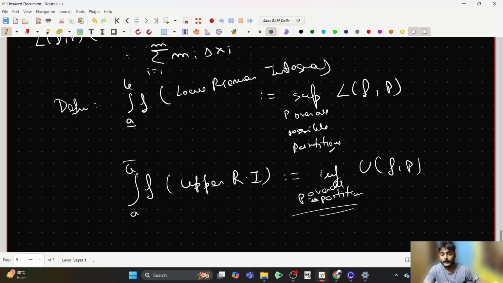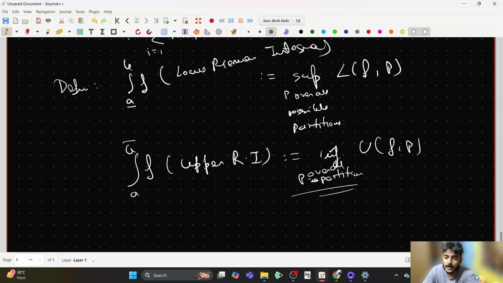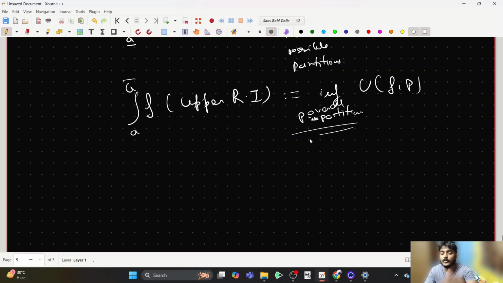Clear? Right. So in other words, we are taking a supremum of the total area of all possible such rectangles which approximate it from below, and an infimum of the total area of all those possible rectangles which approximate it from above. Fine. And then, as I said, once these two values are equal, we are good to go with the area under the curve.